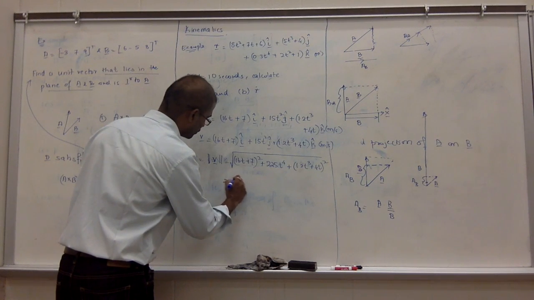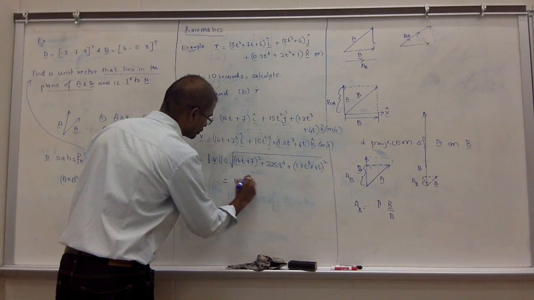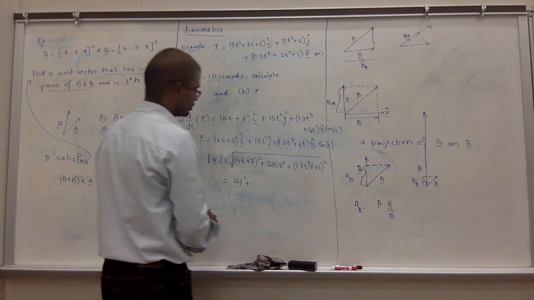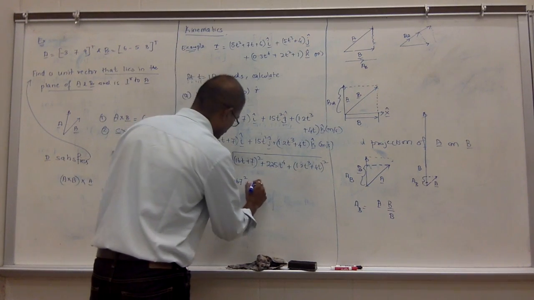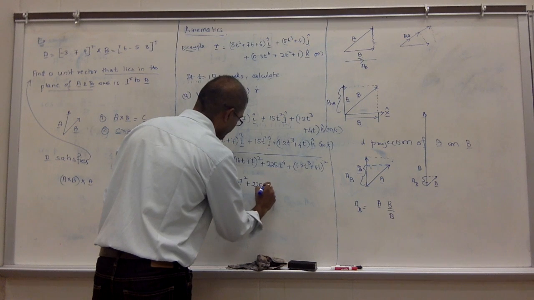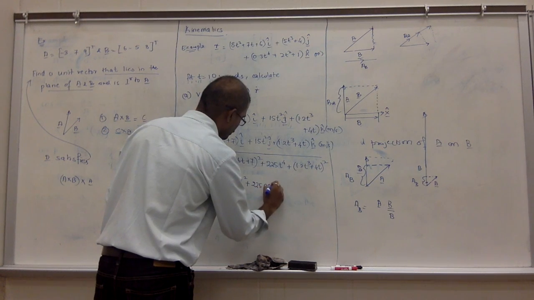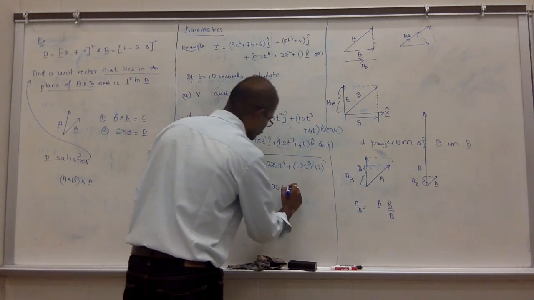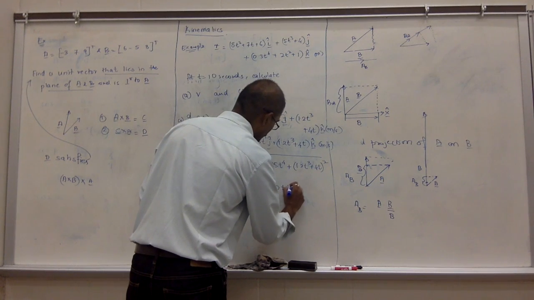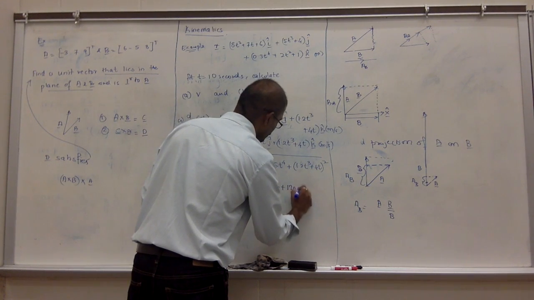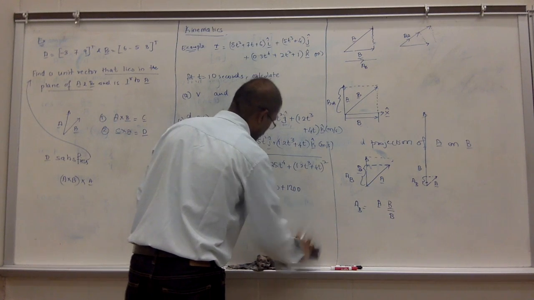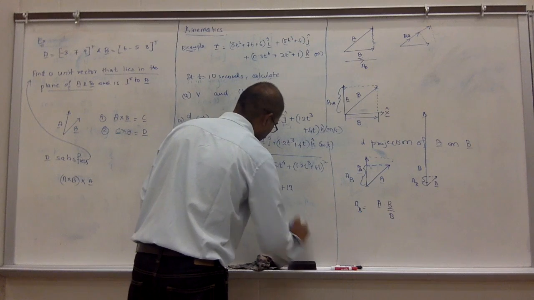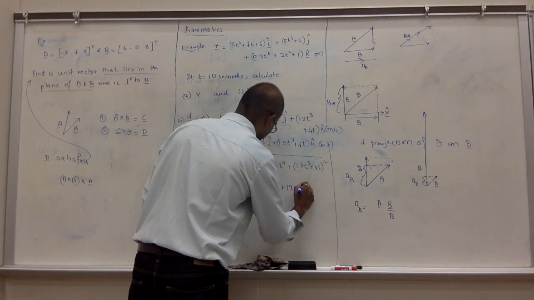You're going to get 167 squared plus 225 times 10,000 plus 1,200 plus 400.